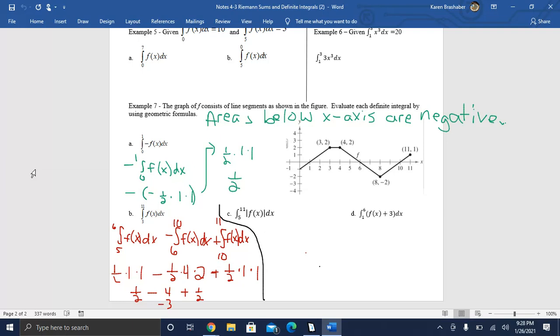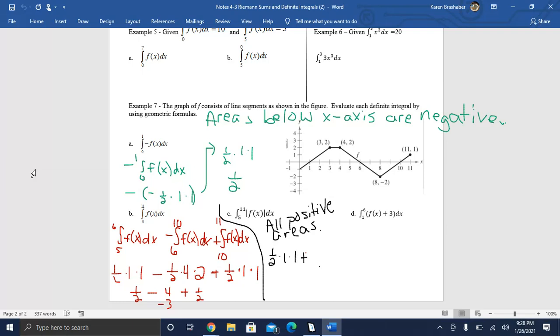And so since we're doing the exact same setup as our last problem, don't be fooled into thinking that that's just going to give us +3. It will not. Instead, we'll be doing from 5 to 6, that would be 1/2 times 1 times 1.